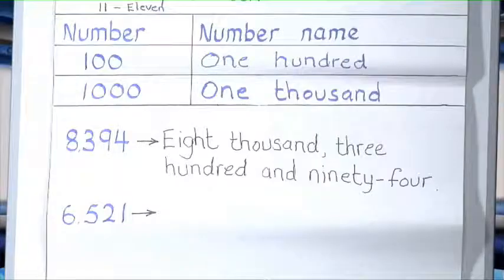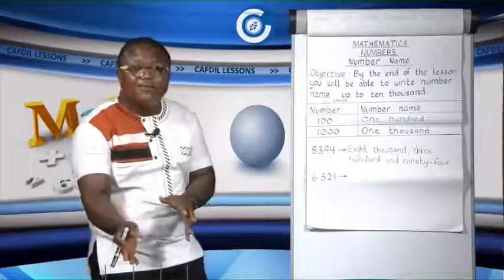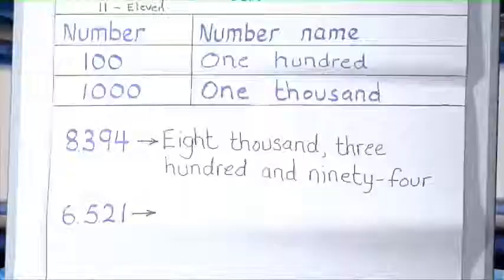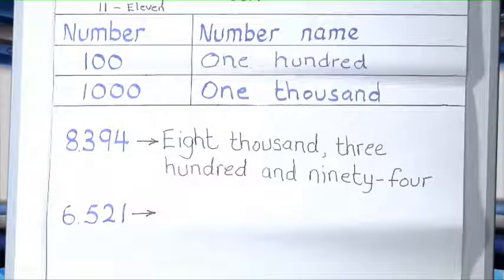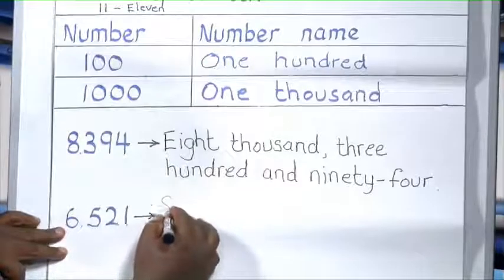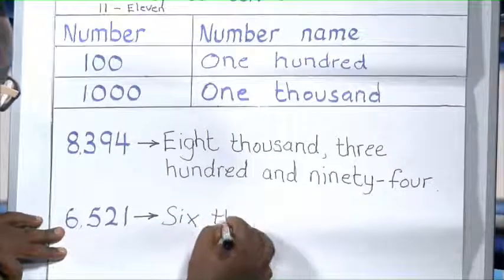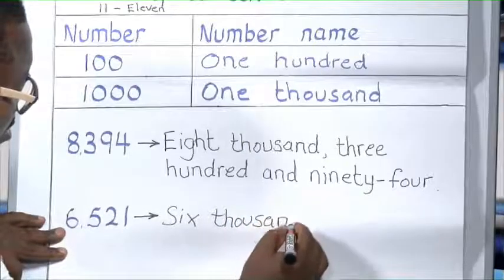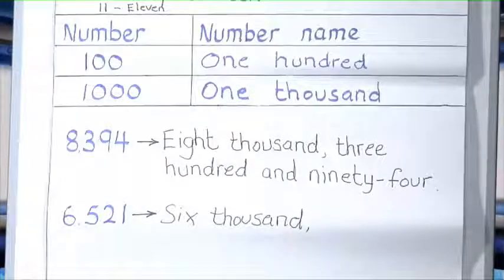Then let's come to the next one. Based on what we have done so far, let's look at it. It's going to be what? 6,521. With your comma, 6,000 with your comma, 500.